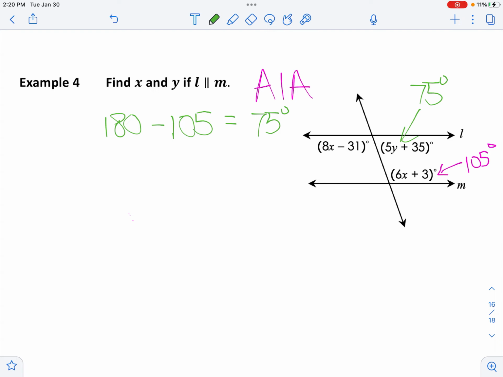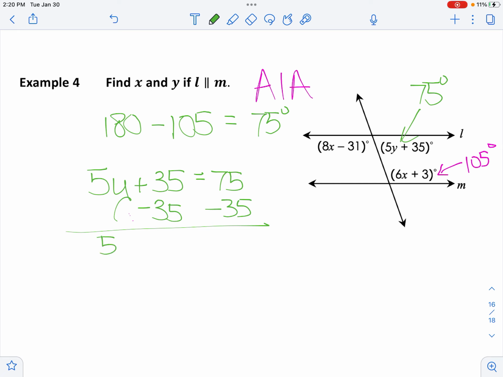Cool, but I also need to solve for y. So now I could say 5y plus 35 is equal to 75. Okay, and then just solve that. So I'm going to subtract 35, you get 5y equals 40.